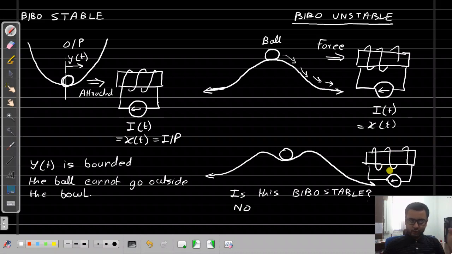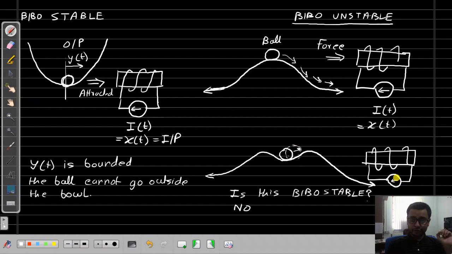Because you can realize that if this current i(t) is small, bounded by a very small amount, then this ball will be attracted towards the right, and maybe it will come up to this position and reach the equilibrium position. It will not go any further. So for such small bounded inputs, the output is also bounded.